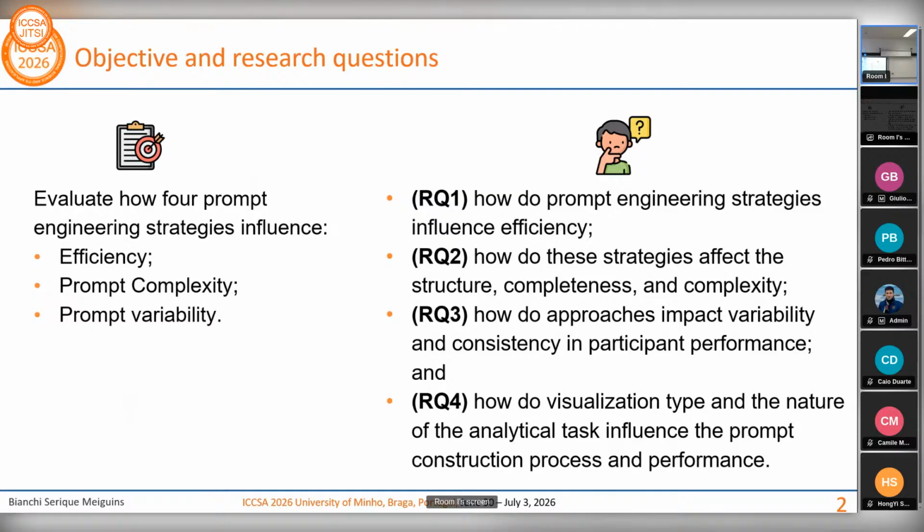We organized the study around four research questions. The first one investigates efficiency. The second one analyzes the prompt structure and completeness. The third one examines the variability and consistency. And finally, we study how visualization type and the analytical task influence user performance.